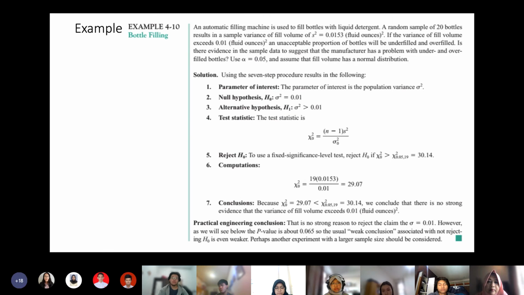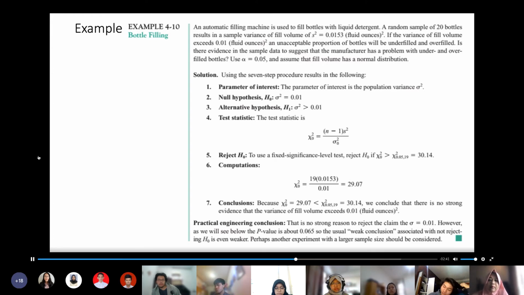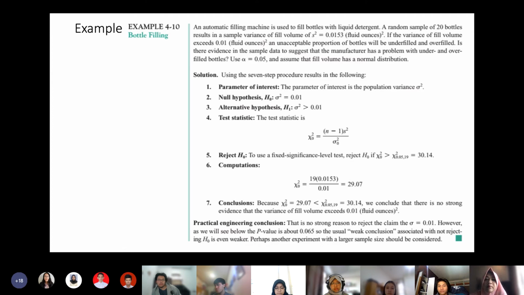Here we have one example of hypothesis testing for variance. We have an automatic filling machine used to fill bottles with liquid detergent. We know the sample variance of fill volume is 0.0153 fluid ounces squared.